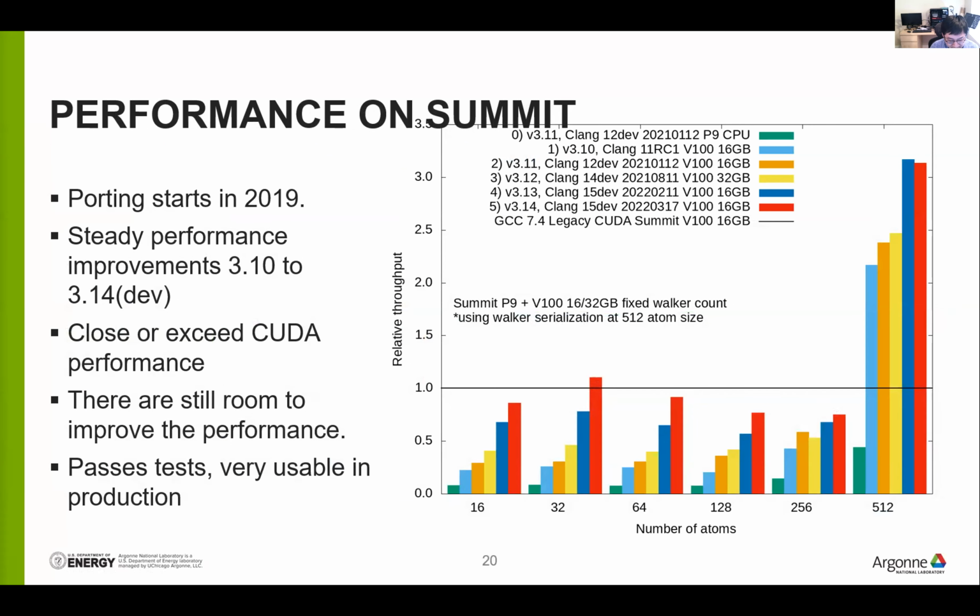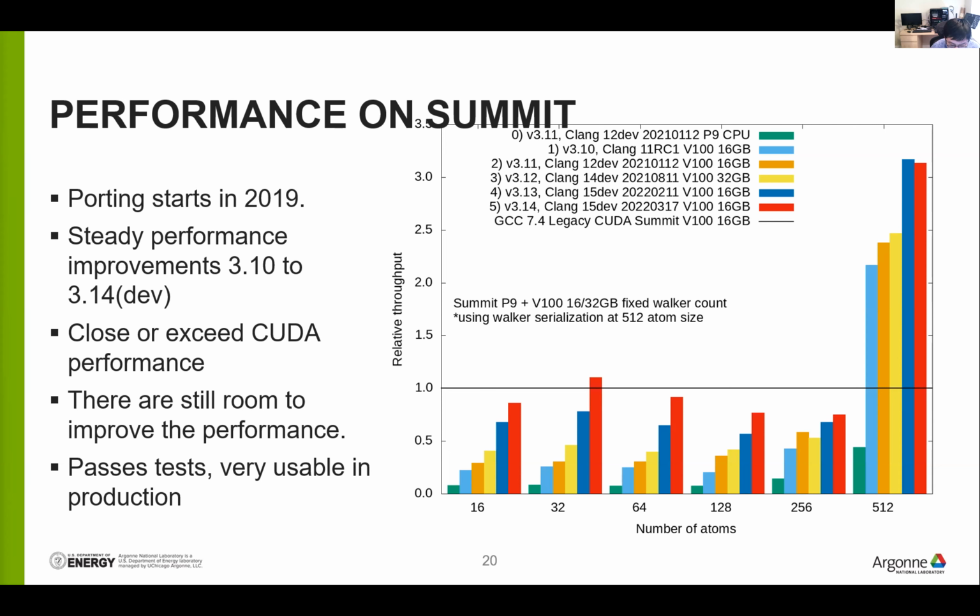So here's the performance after we finish the porting on Summit. We started the actual porting in 2019, and over a few versions we see the performance improves.